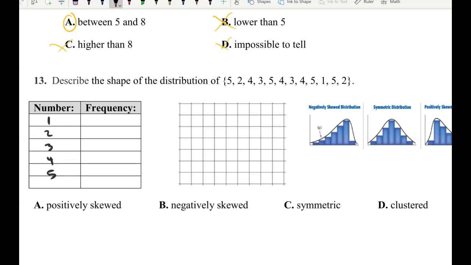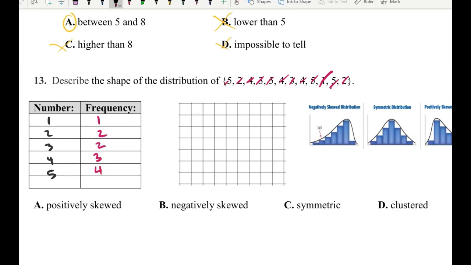Then I'm going to count the frequency of each number. Number 1 appears one time, so its frequency is 1. Number 2 appears 2 times. 3 appears 1, 2, so it is also 2. 4 appears 3 times, and 5 appears 4 times.